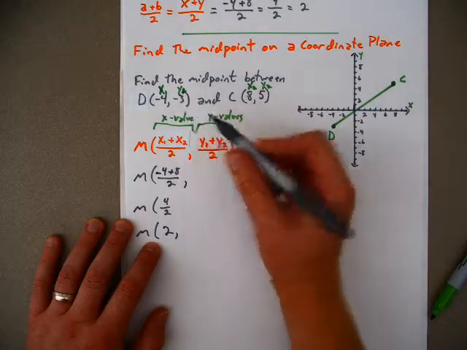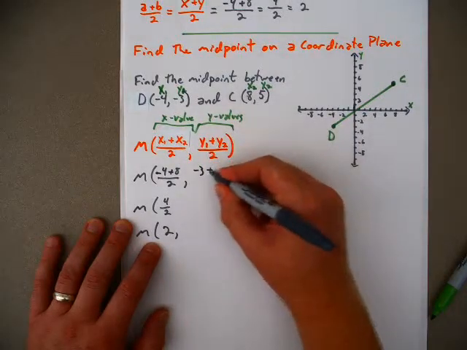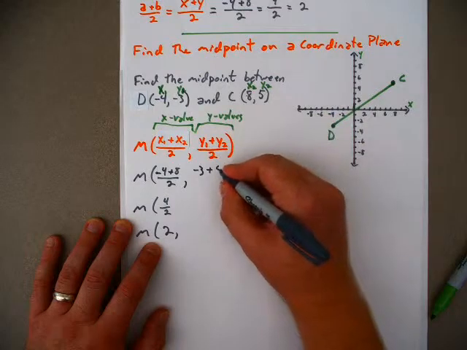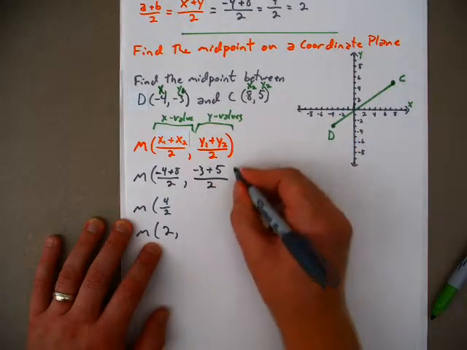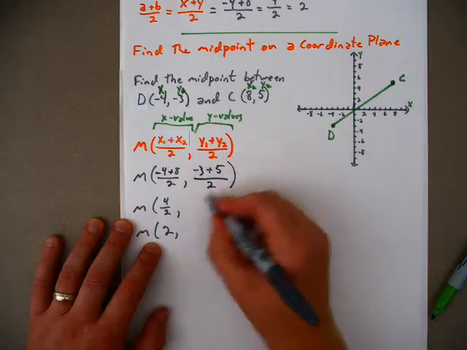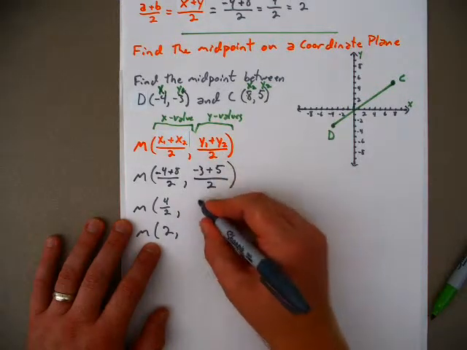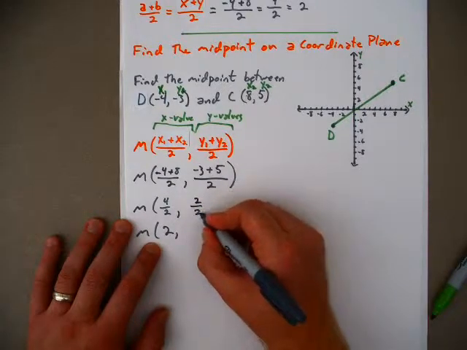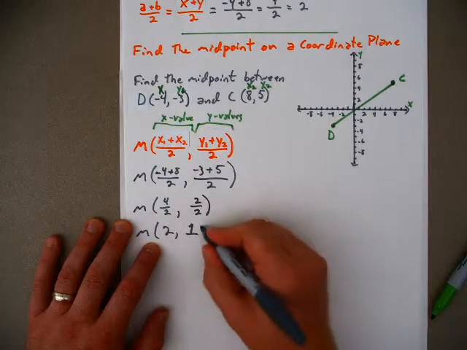y1 is negative 3. I'm going to add 5 to that, and divide that by 2. Close my ordered pair. Negative 3 plus 5 is a positive 2, divided by 2 is a positive 1.